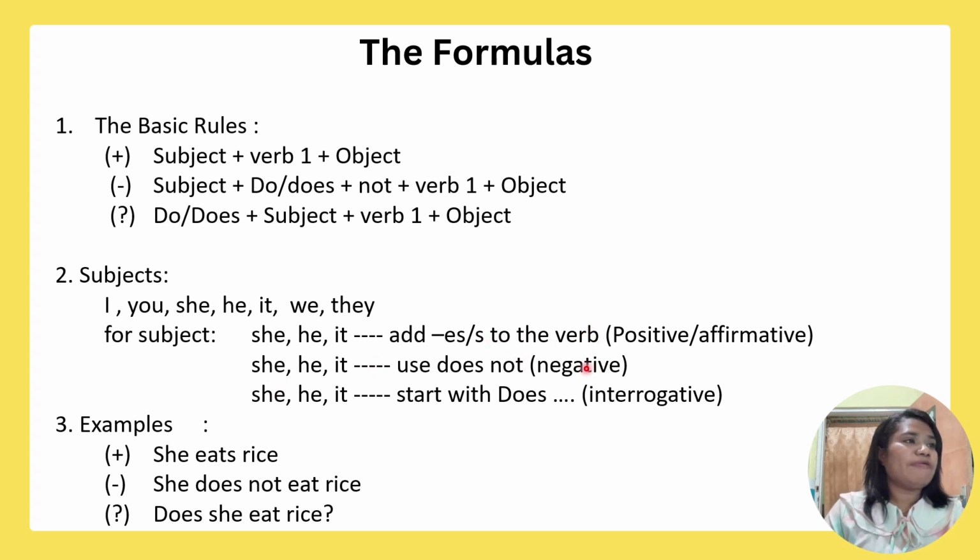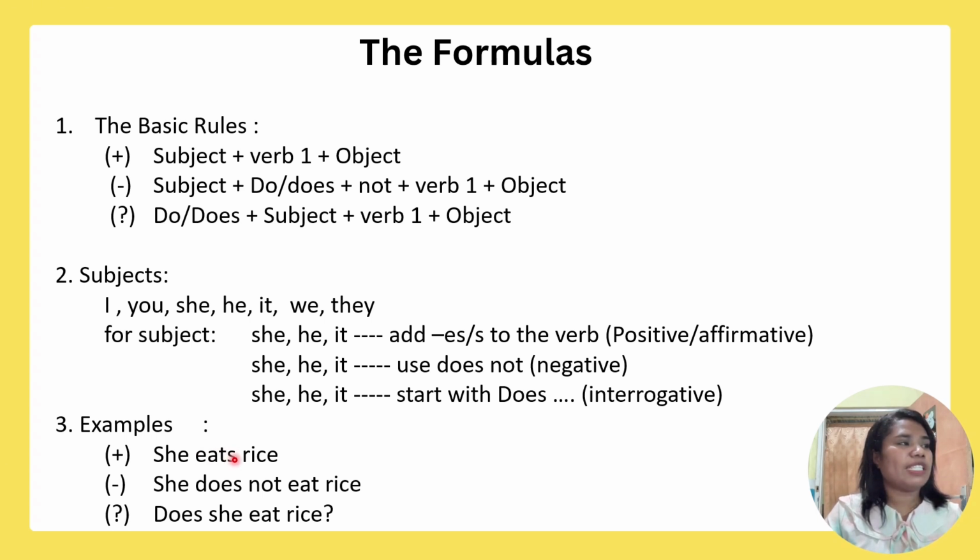For the negative sentence, we use does not. For the interrogative sentence, we start with does, followed by the subject she, he, or it, and then the verb.